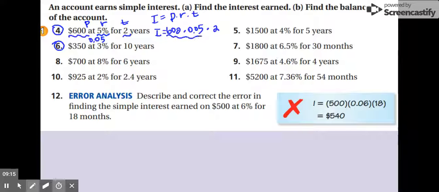So now let's just multiply these first. 600 times 0.05, and 600 times 5 is 3,000. And how many times do you move the decimal? You move the decimal twice. 1, 2. So it's going to be 30. So this is going to be 30 times by 2, which is 60. So $60, you're going to earn $60 extra dollars after 2 years if you deposit $600 at 5% in the bank.